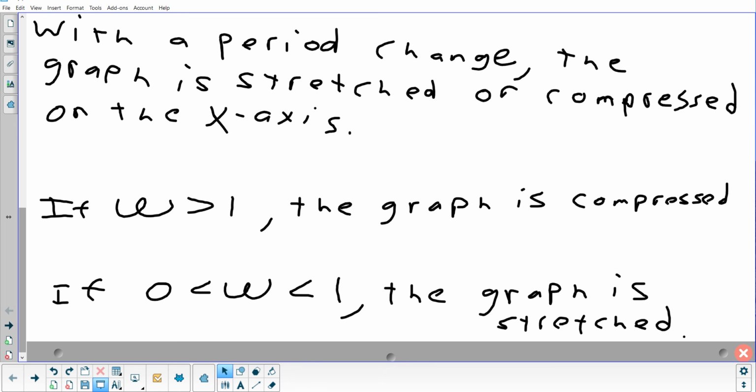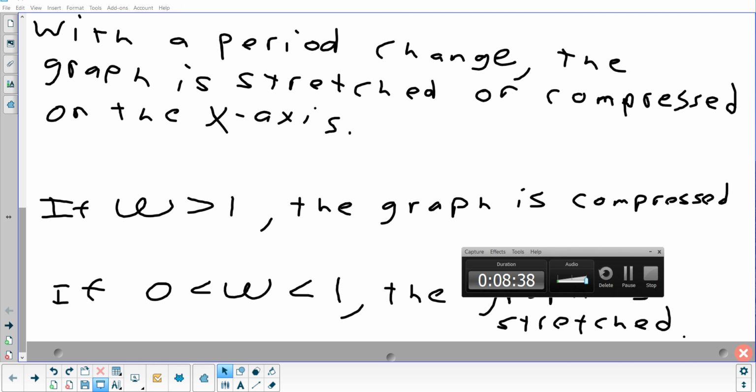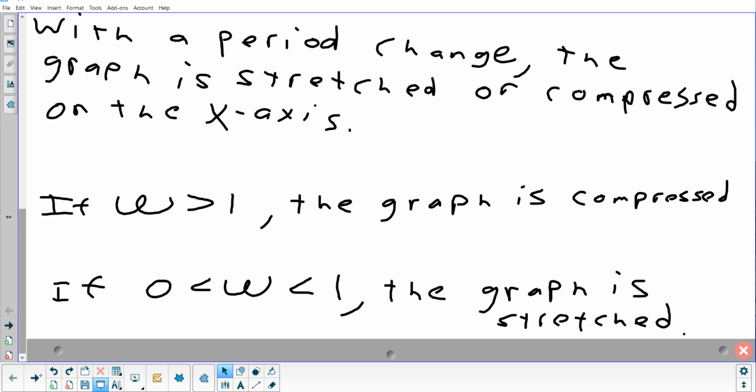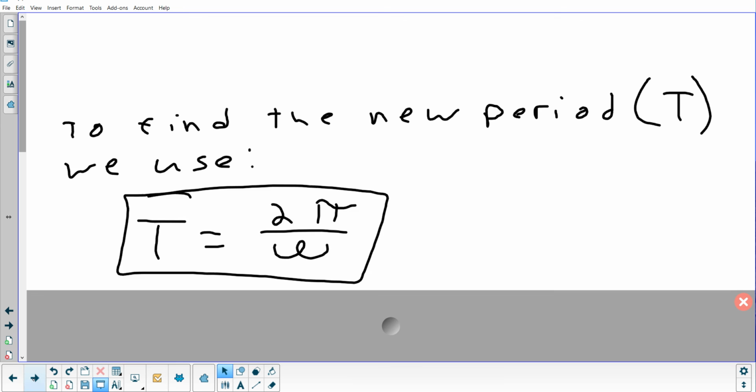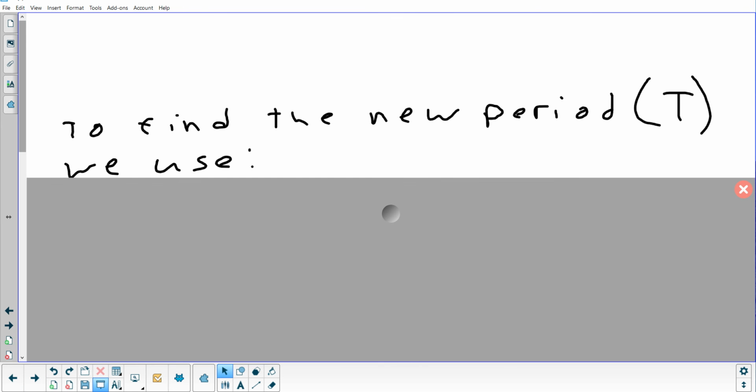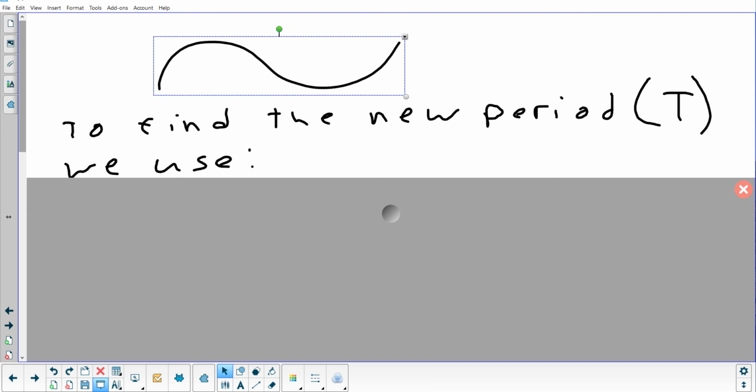All right, so let's take a second and just kind of play around with a few different ones. So, as we said before, when you're stretching and compressing horizontally, you're changing the period. So one thing we're going to want to be able to figure out is, okay, you compressed it, what is the new period? So if this is your wave, and let's see if I can compress it.